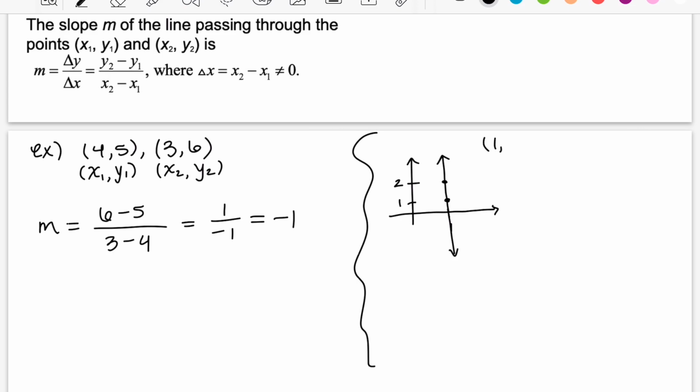So if we wanted to find the slope of the line passing through these 2 points, we can just use our formula that we just saw. So doing y2 minus y1, we have 2 minus 1 on the top, and then x2 minus x1, we have 1 minus 1 on the bottom. In this case, we have 1 over 0. And remember, we can never divide by 0. So this is undefined, and we can abbreviate that UND. And so that's why whenever we have a vertical line, our slope is undefined.